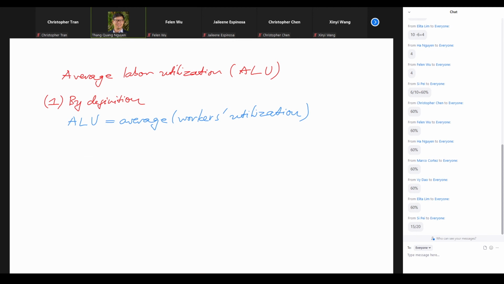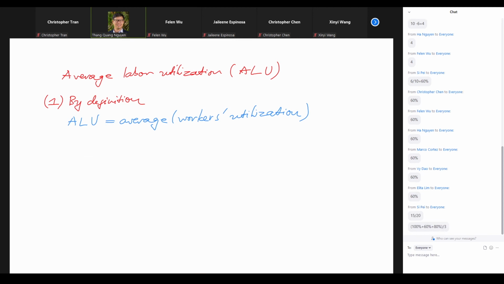So by definition, we know each of the workers' utilization already in the previous part of the table, which we just calculated earlier, the employee utilization. So what would be the average labor utilization among the workers? Or how would you do it?